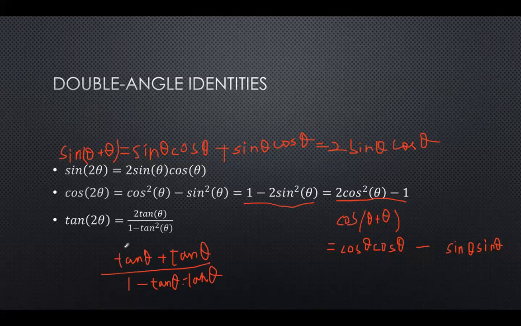When you simplify, it becomes 2 tangent theta over 1 minus tangent squared theta. Okay. Any questions?